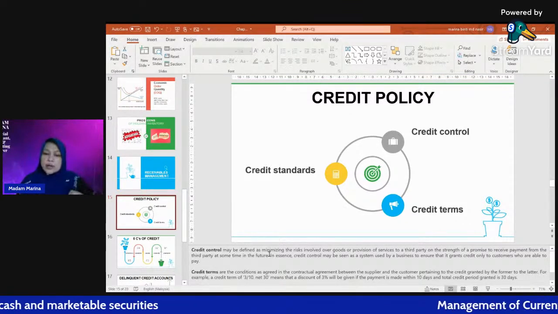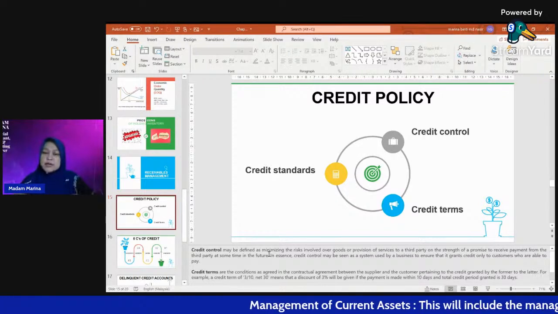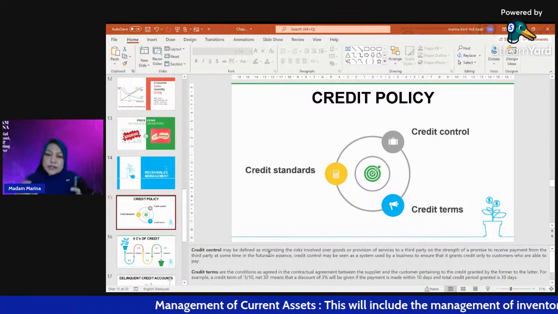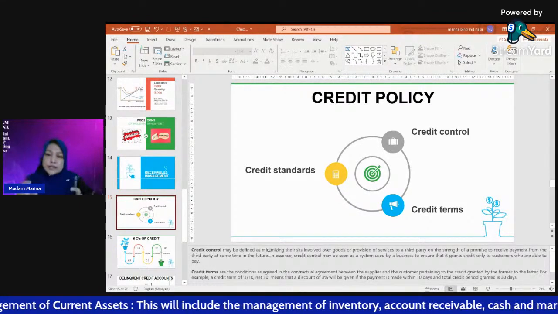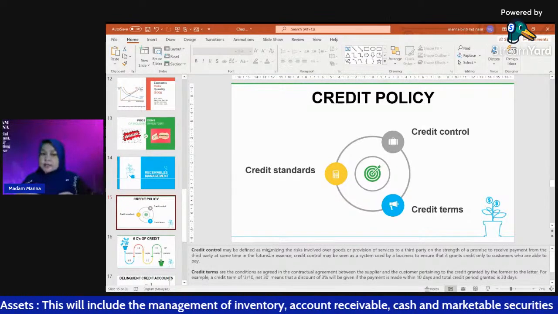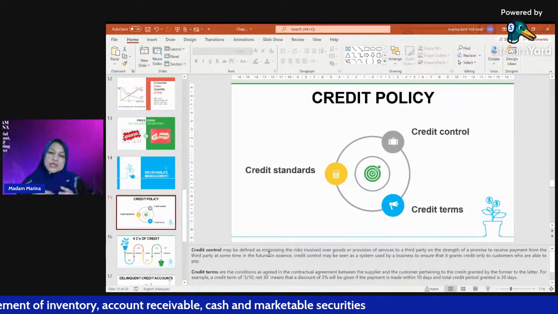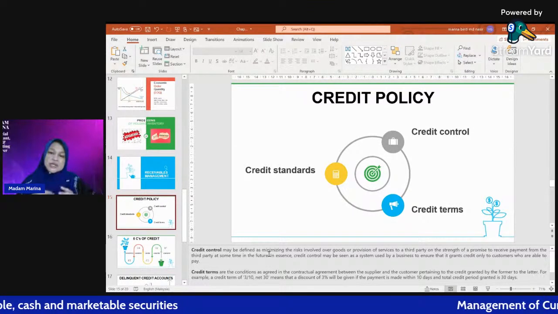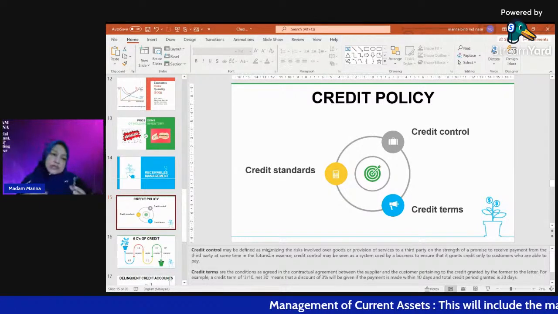We only give credit facilities to customers who are able to pay their debts. We are not giving the credit facility to customers who will not be able to pay us back. So this is credit control.